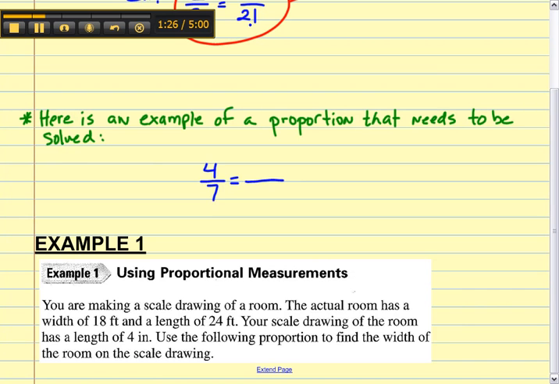Let me try... I like this one. How about 5 over 6 is equal to something over 15.